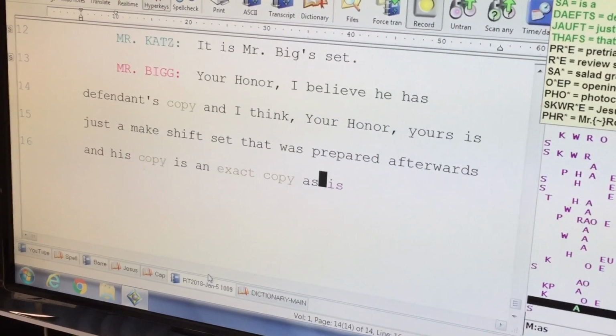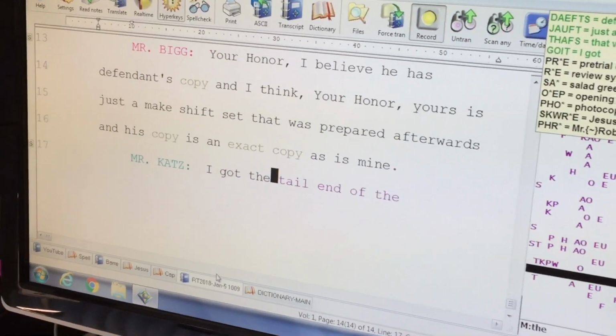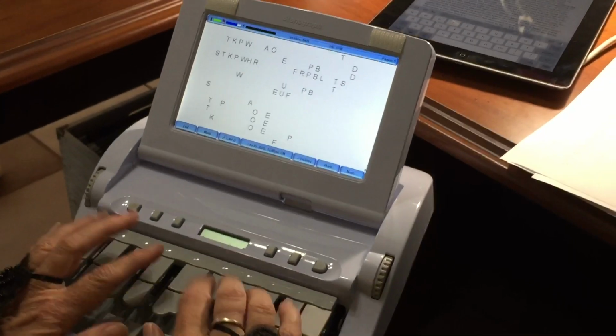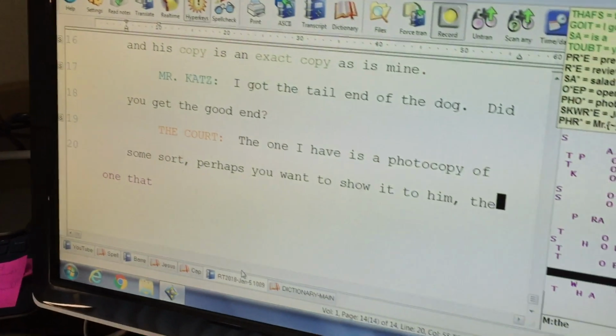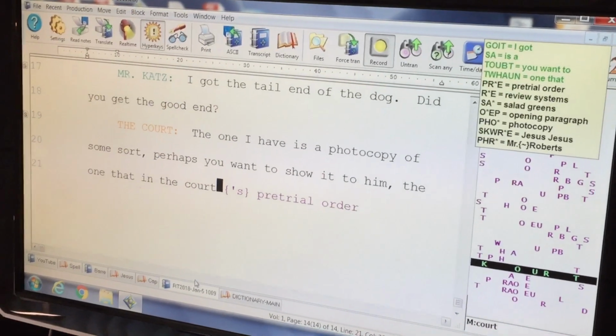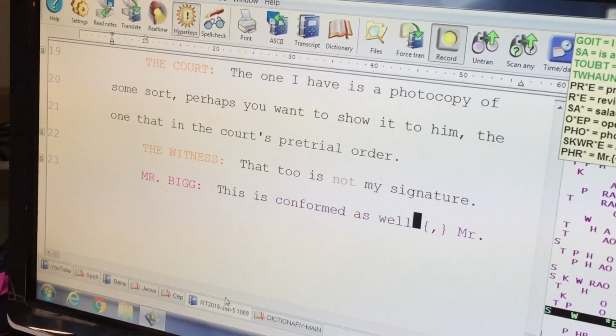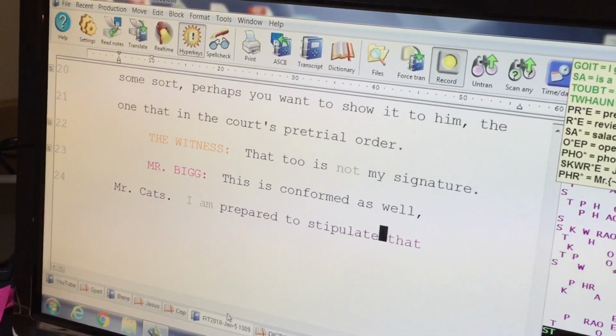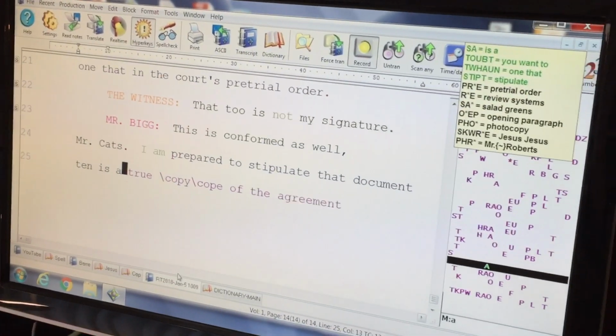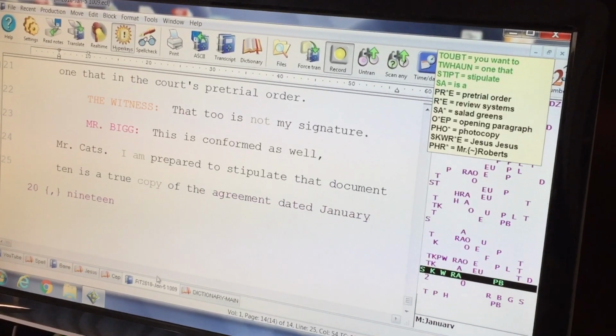I got the tail end of the dog. Did you get the good end? The one I have is a photocopy of some sort. Perhaps you want to show it to him, the one that is in the court's pretrial order. That, too, is not my signature. This is conformed as well, Mr. Katz. I am prepared to stipulate that document 10 is a true copy of the agreement dated January 20, 1991, signed by the parties.